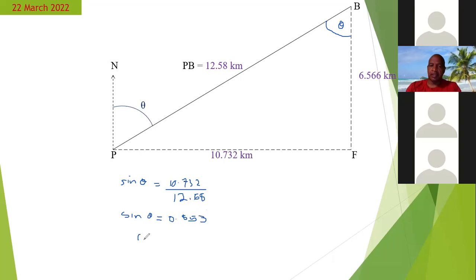Now you want theta, so it would be the sine inverse of 0.853.